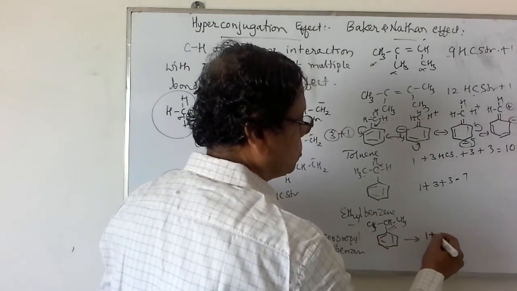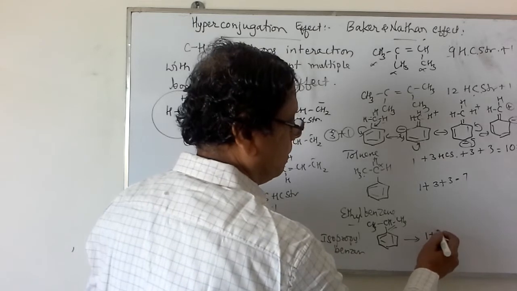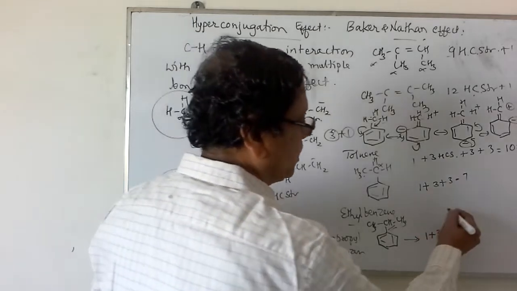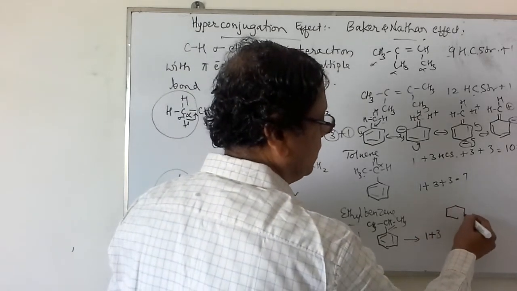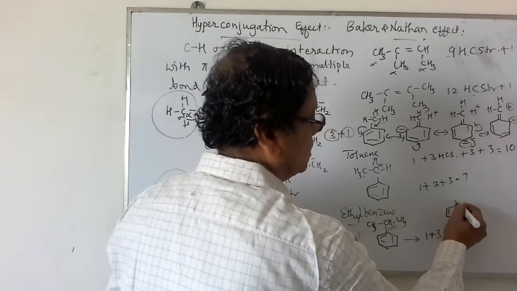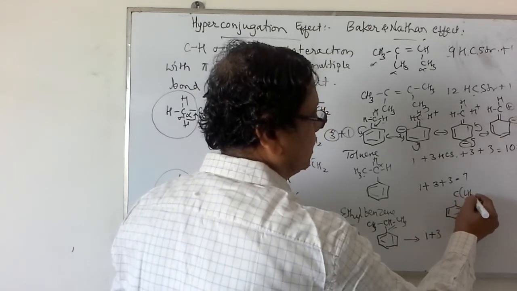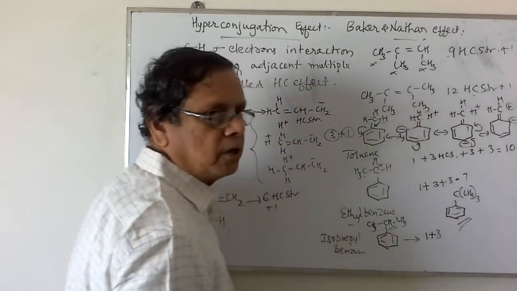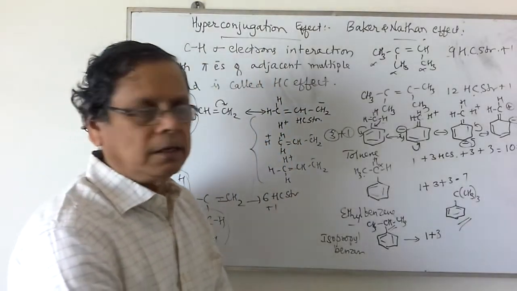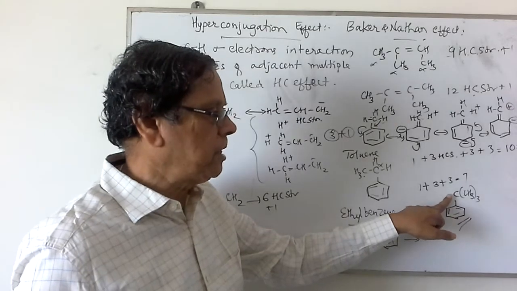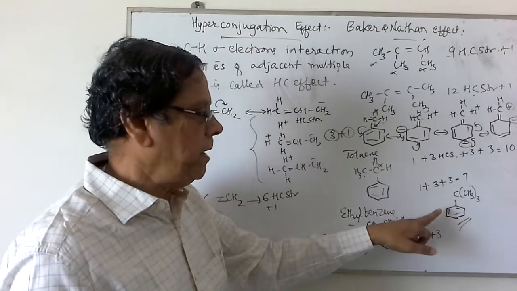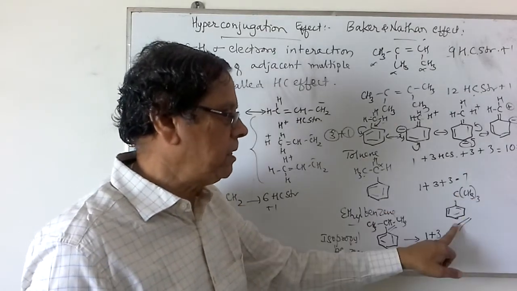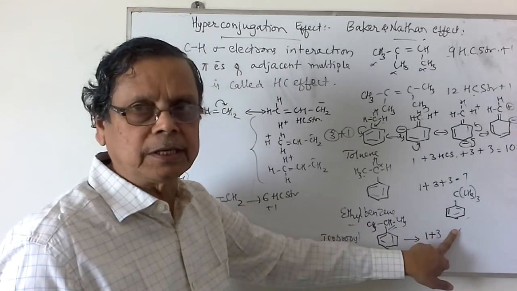That's why it will give rise to 1 plus 3. But if you consider this tertiary butyl benzene, like this, CH3 thrice, this does not possess any hyperconjugation structure, because there is no alpha hydrogen atom available in this one. That's why this tertiary butyl benzene is indicated only by 1 structure.